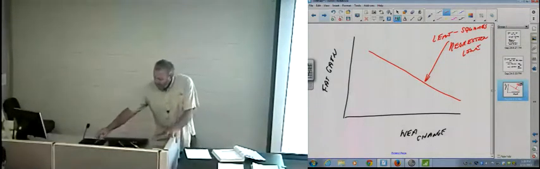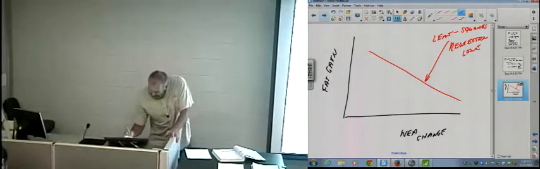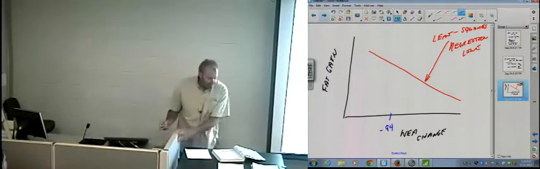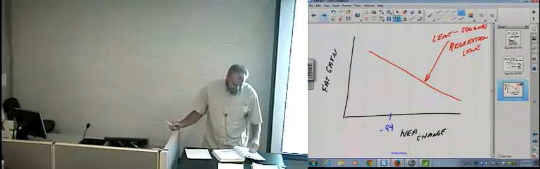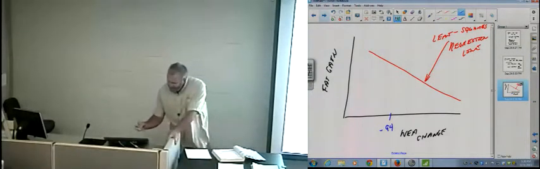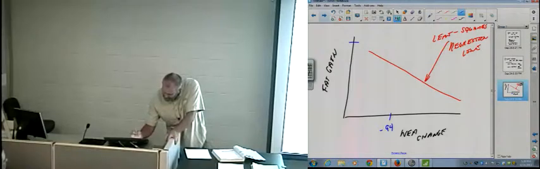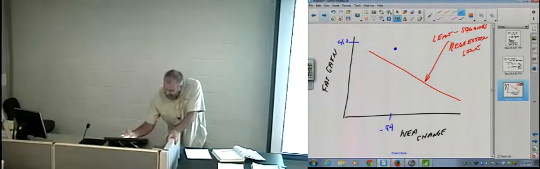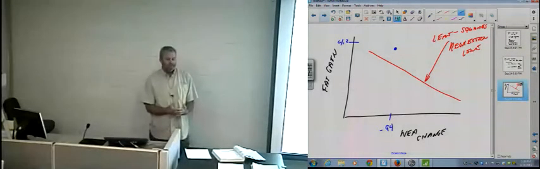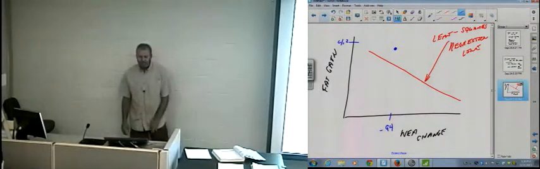So down here is my minus 94, and up here is my 4.2. So you have that little dot corresponding to that first subject in the experiment they're doing here.